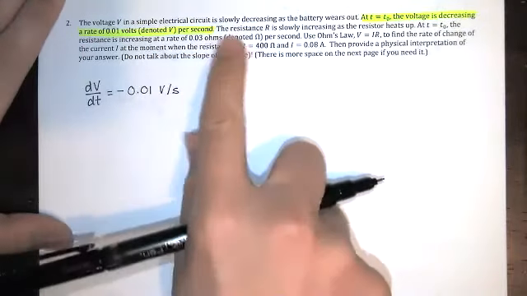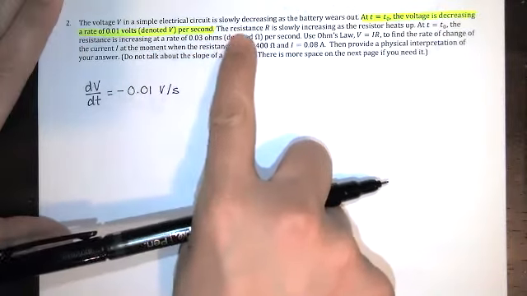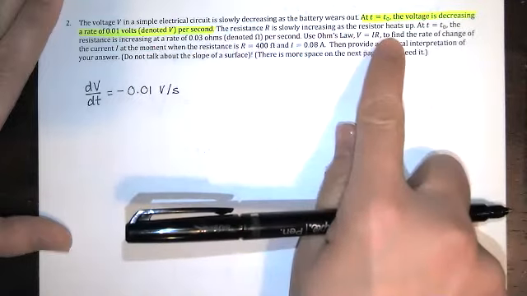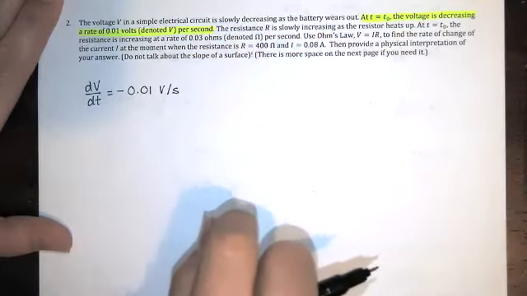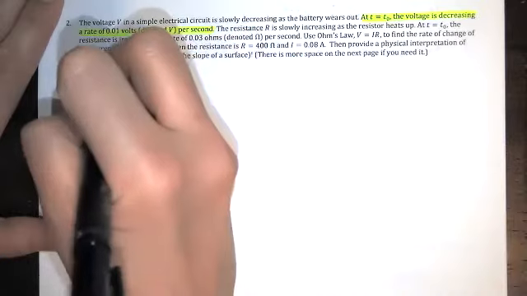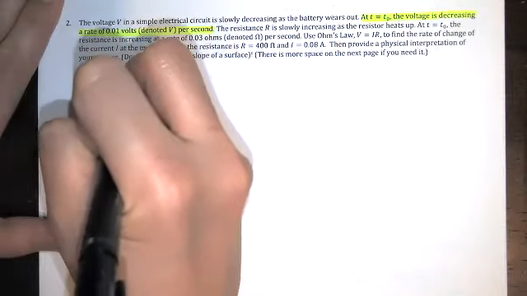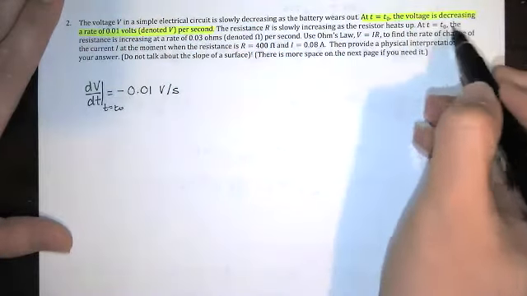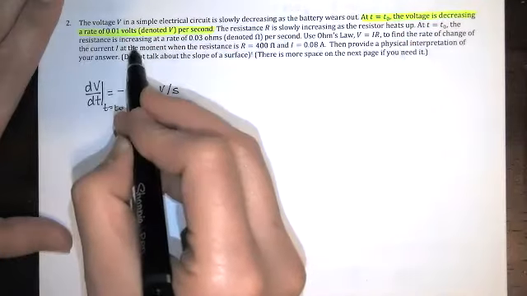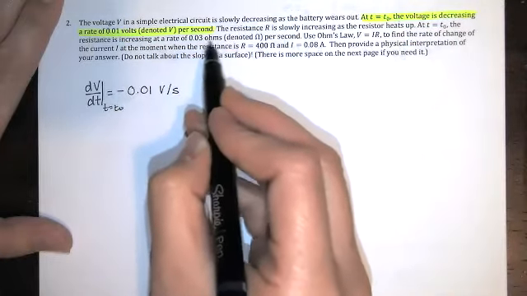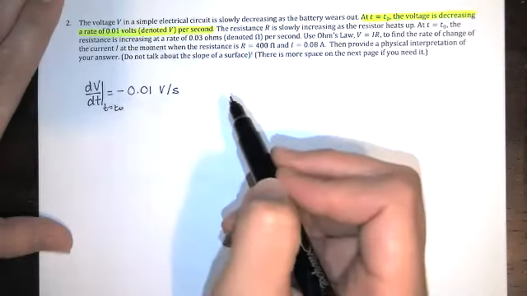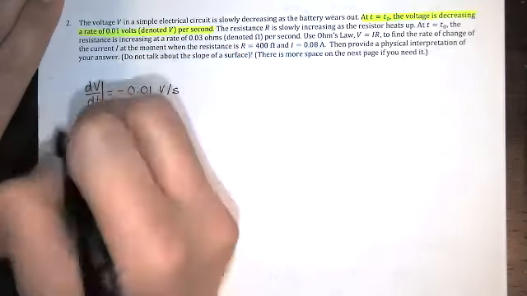Okay. It also says the resistance R is slowly increasing as the resistor heats up. And this is all evaluated at t equals t0. At t equals t0, the resistance is increasing at a rate of 0.03 ohms, denoted by the capital omega, per second.